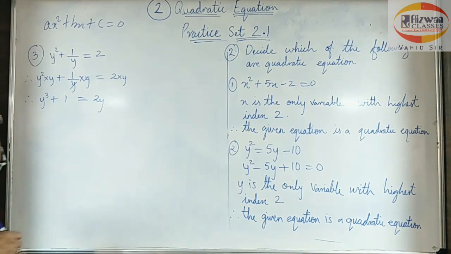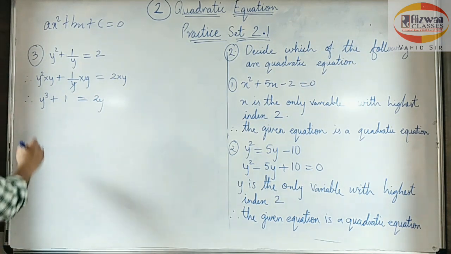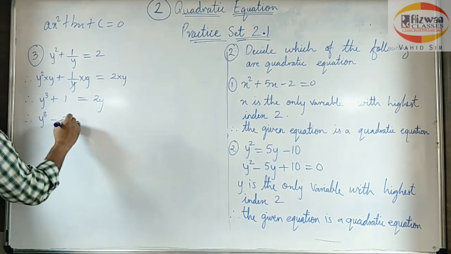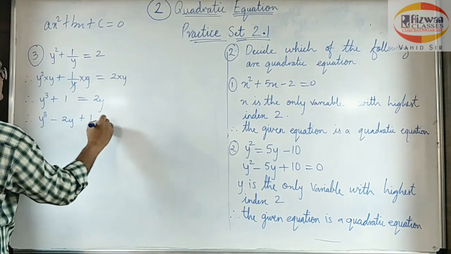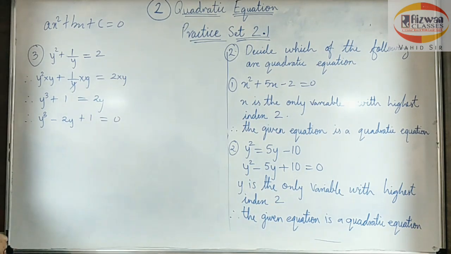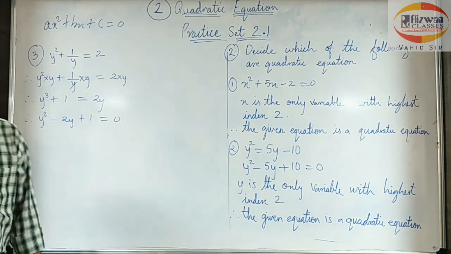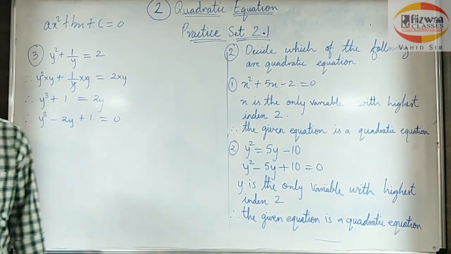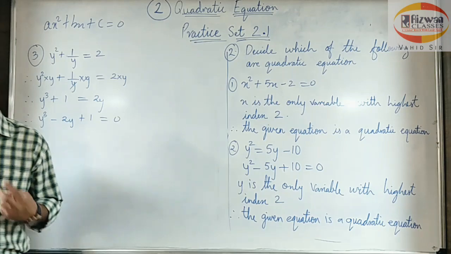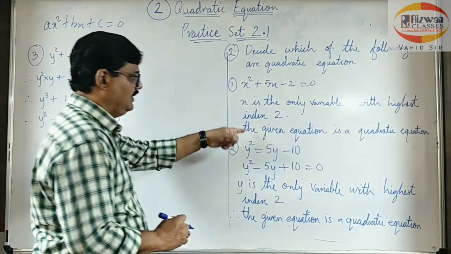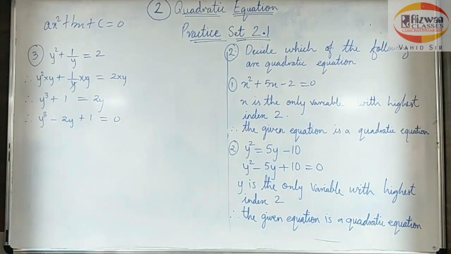But is it still in the standard form? No. What I have to do in this case is write it as y cube minus 2y plus 1 is equal to 0. Now here I told you the two conditions: there must be one variable and the highest index must be 2.